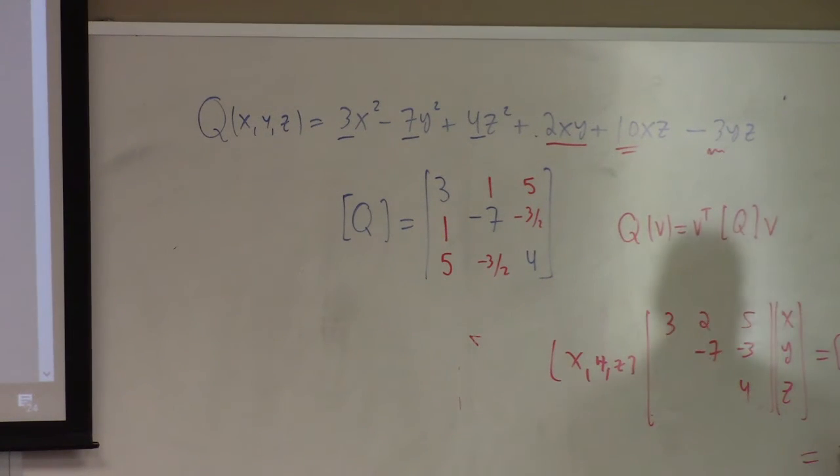Multiply that, I get 3x squared plus 2xy plus 5z squared minus 7y squared minus 3yz plus 4z squared, which of course is the same thing.